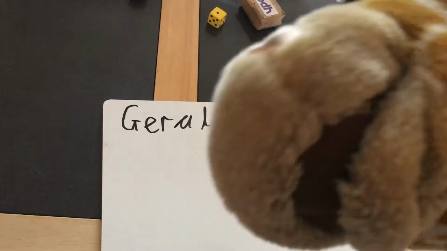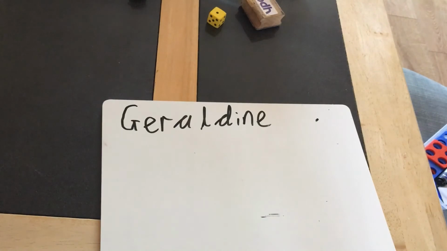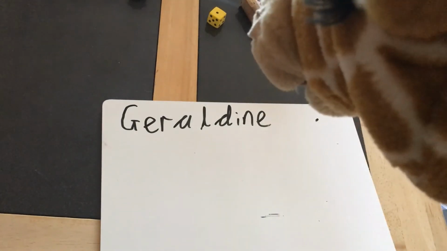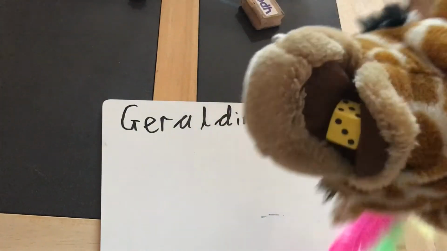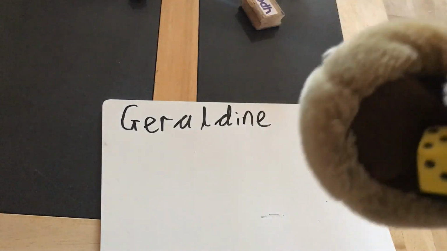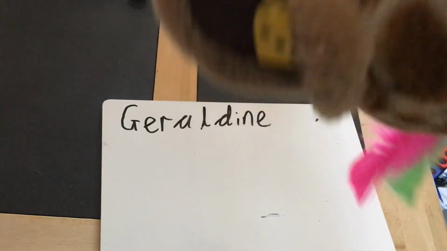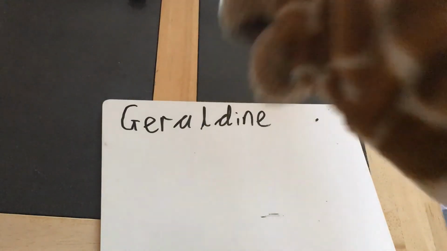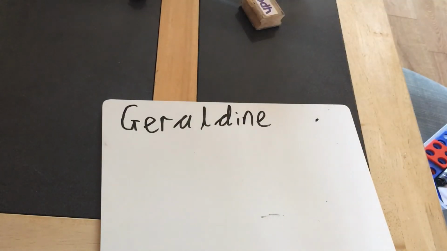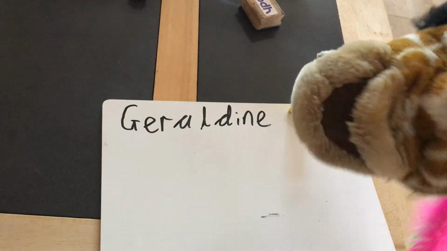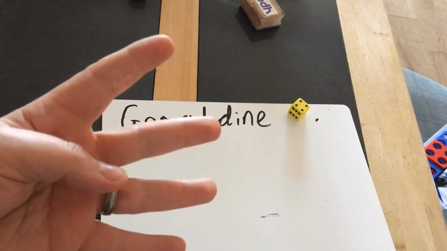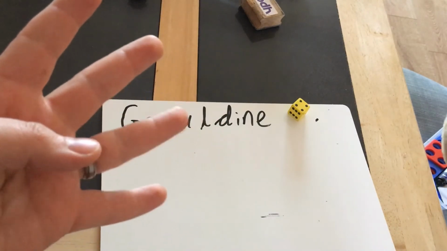Hello Geraldine. Today do you think you could help us find one more? Okay, what are we going to use today? A dice. Yes, okay, so can we throw it and find out what number we are working with? 1, 2, 3. What number did you roll? That's right, you've got 4. 1, 2, 3, 4.